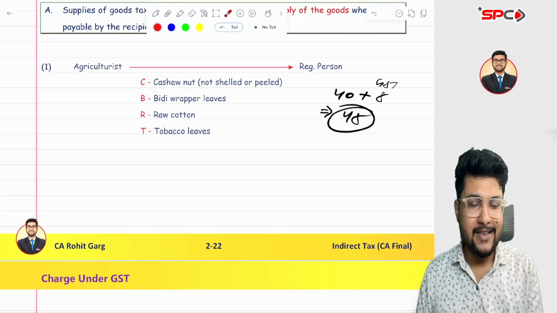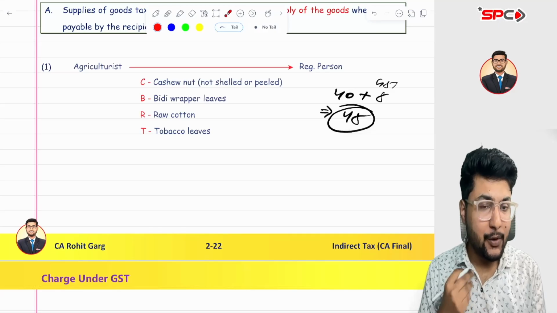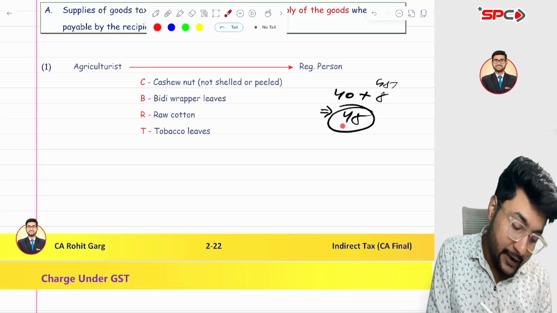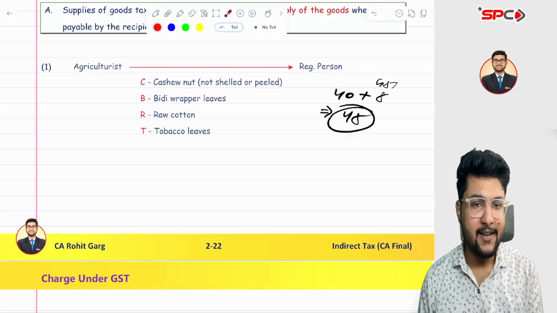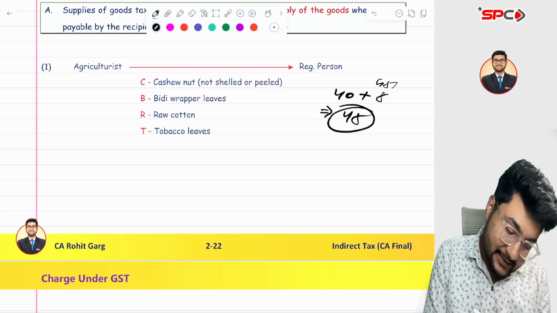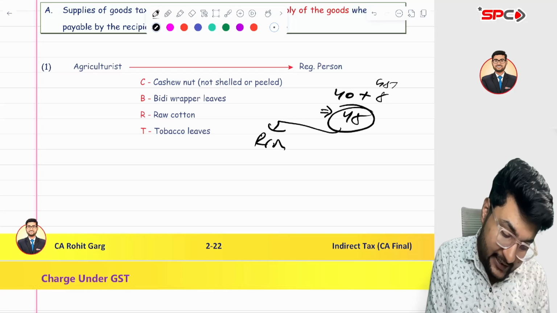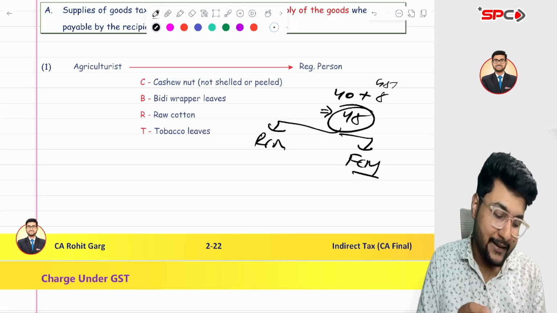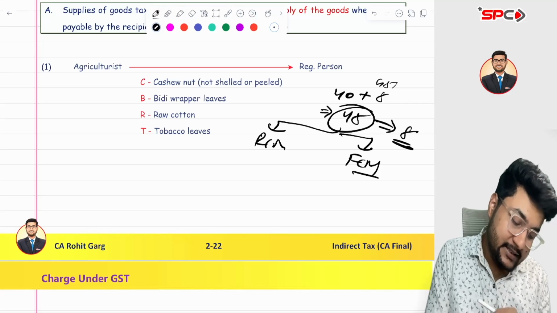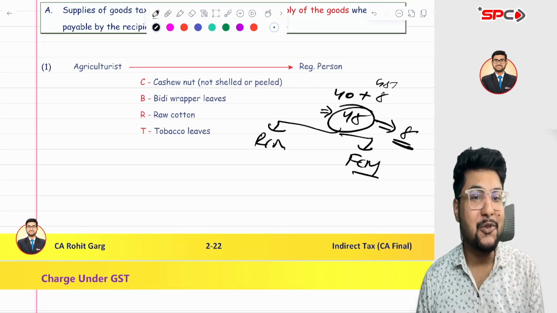Now, from your point of view, your pocket will be reduced by 48. Whether it's reverse charge or forward charge, you have to pay 48. But the 8 rupees GST, who will deposit it to the government?